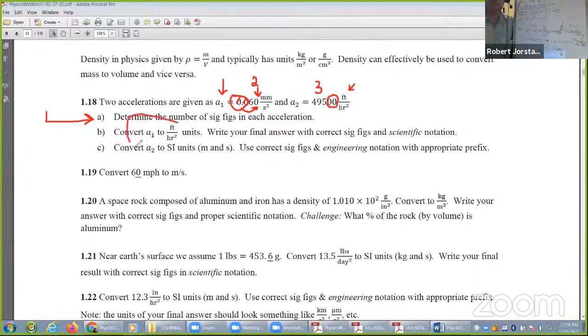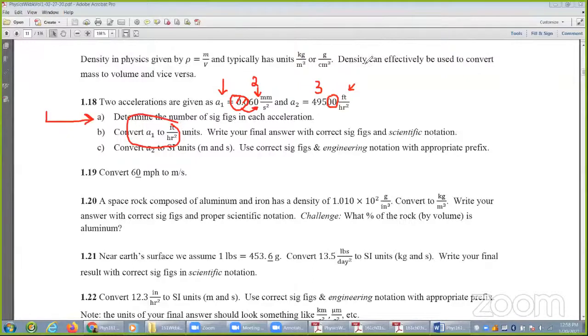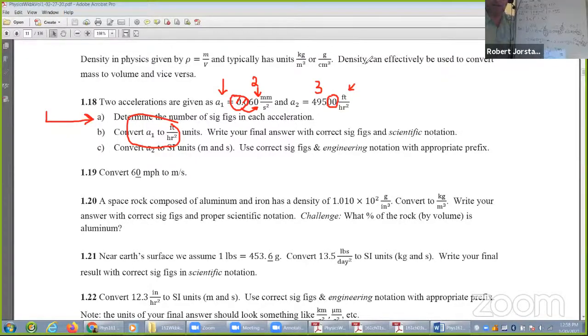So let's look at this one. Let's convert A1 to feet per hour squared and set it up. We maybe don't do the whole thing, but just look at it. All right. So let me get this written up.